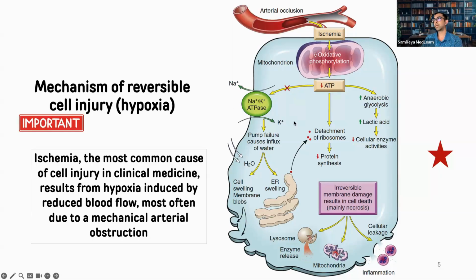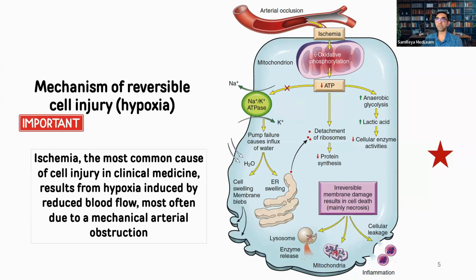You see how they've drawn this sodium potassium pump. Sodium is going out, potassium is coming in, but if the pump fails, sodium starts accumulating within the cell. And you know the concept, wherever sodium goes, water follows it, right? So because of this pump failure, a lot of water moves into the cell.